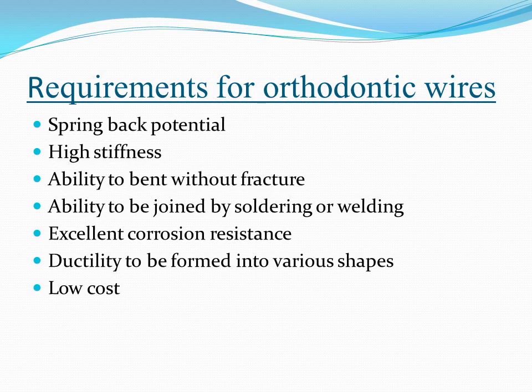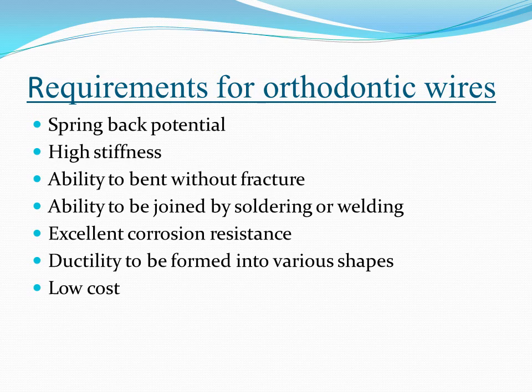It should have high stiffness, and it should have the ability to be bent without fractures because we will be giving different bends and shapes to the wire. It should be able to be soldered and welded. We'll be discussing soldering and welding. These are basically procedures to join two metals together.